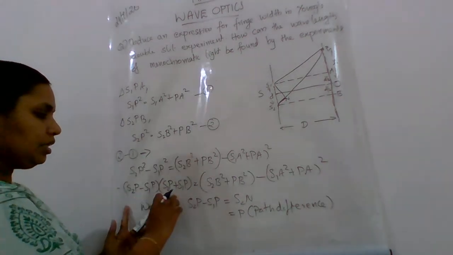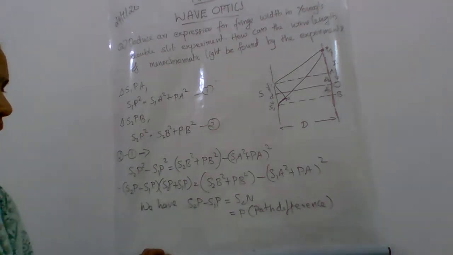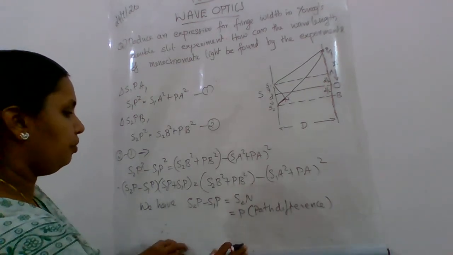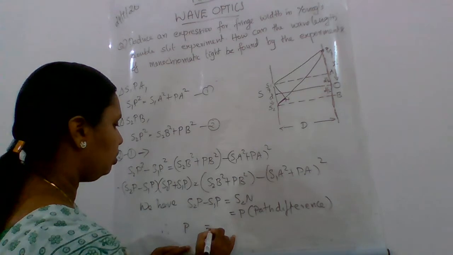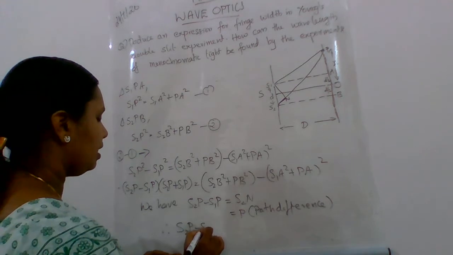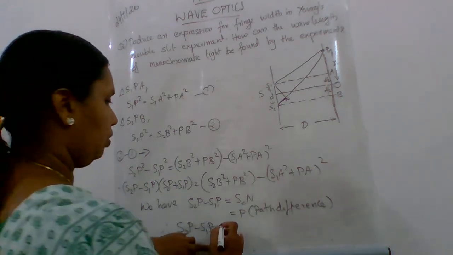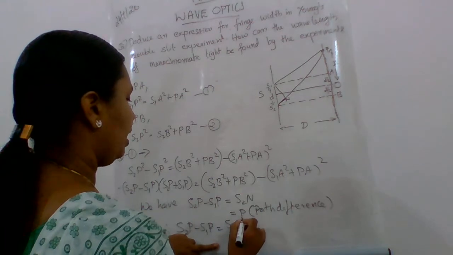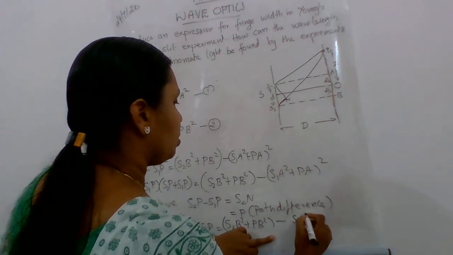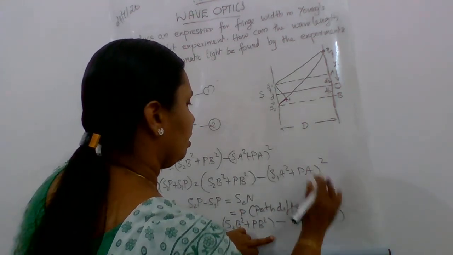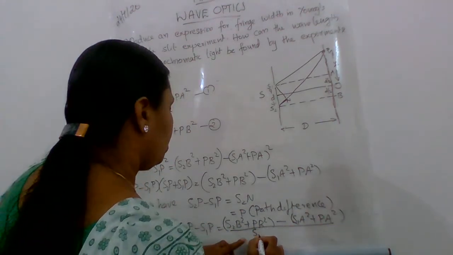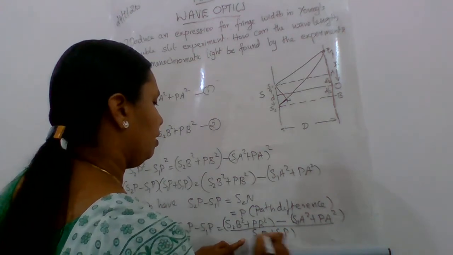So from this, can you find out S2P minus S1P? Yes. Therefore we can write S2P minus S1P is equal to (S2B square plus PB square minus S1A square plus PA square) whole divided by (S2P plus S1P).